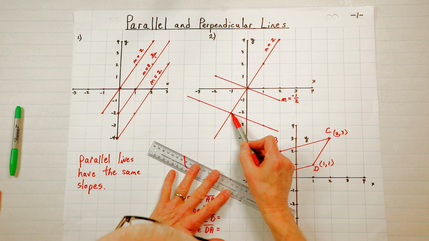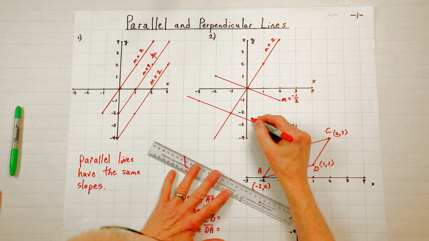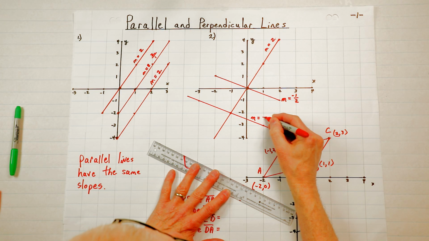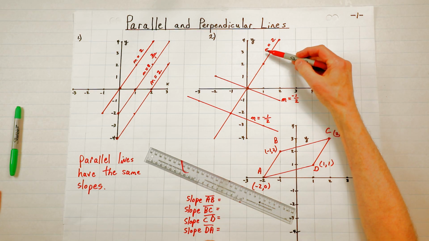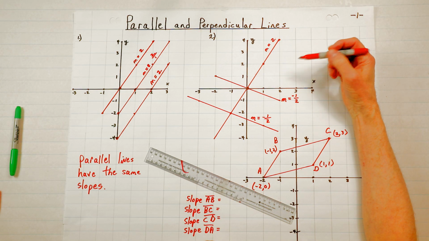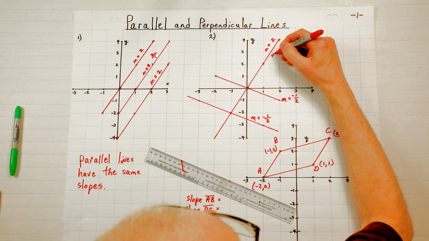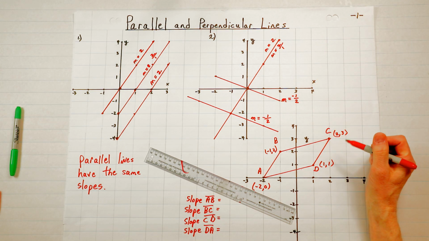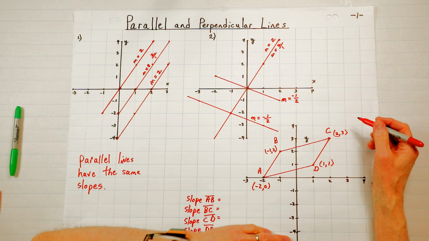Watch. Right 2, down 1. So the slope, m in y equals mx plus b, is -1 over 2. The original slope is 2, or we can call it 2 over 1. Might make it easier if we call it 2 over 1 for this explanation.